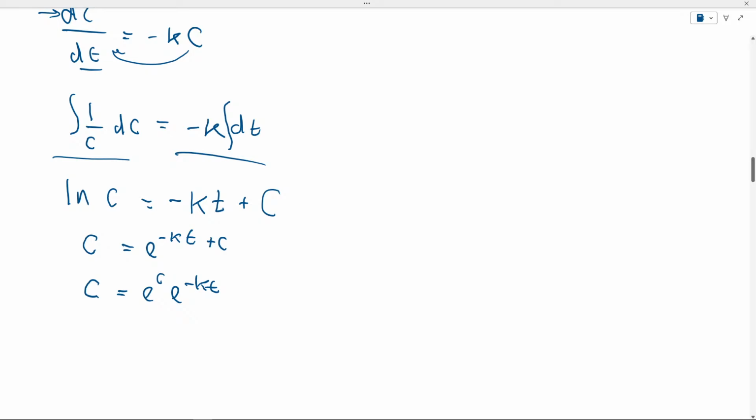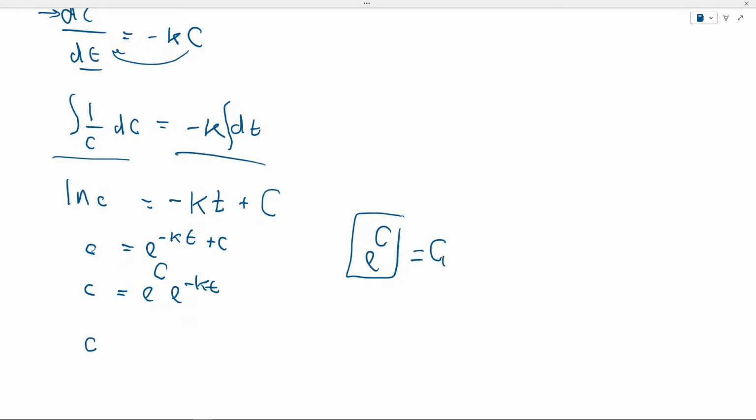Let me make the concentration a small c, and this is just the integration constant. So this e to the constant is just a constant. I can give it any name, like constant 1.